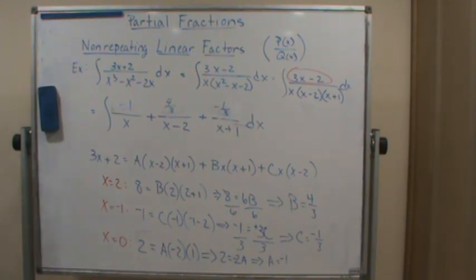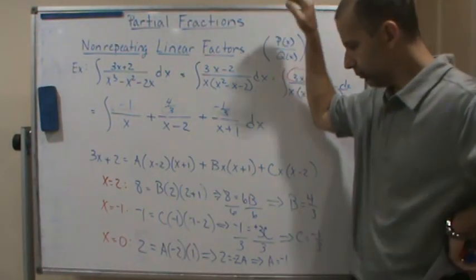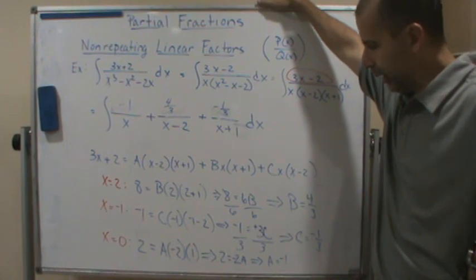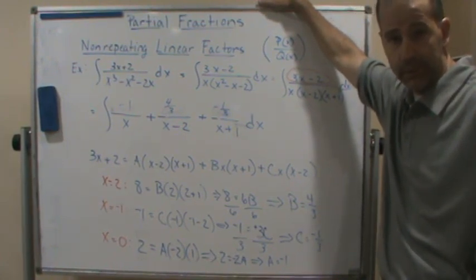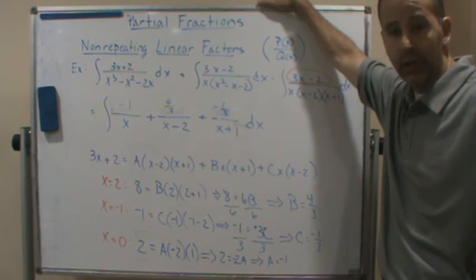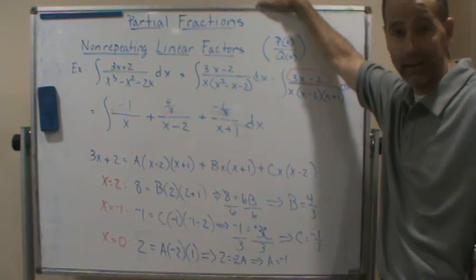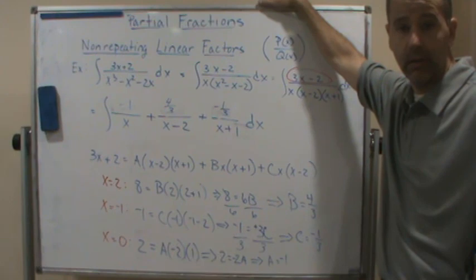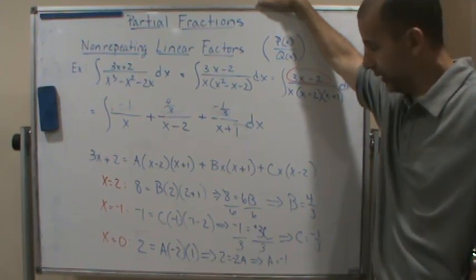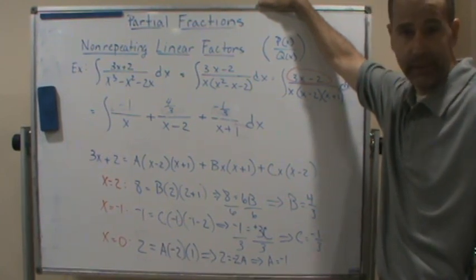Okay, so one warning. If you do use the method of strategic substitution, make sure that your equation is set up correctly, because if it's not, then you can still solve for the constants, but they'll be meaningless.